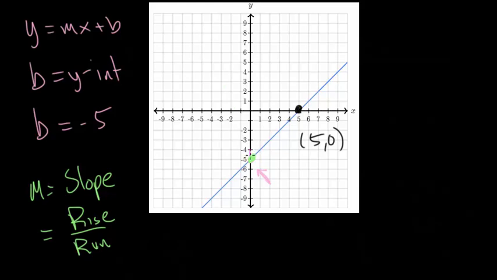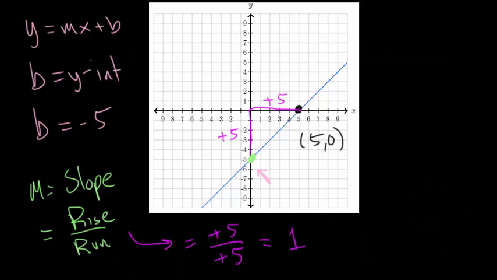And it looks like we go up 5 units, so plus 5 to get up to the same y value as this point. And it looks like then we just go plus 5 over. So our slope, this rise over our run, we go up 5 and we go right 5. And when we simplify this, 5 divided by 5 is just 1. So the slope for this line we found is just 1.